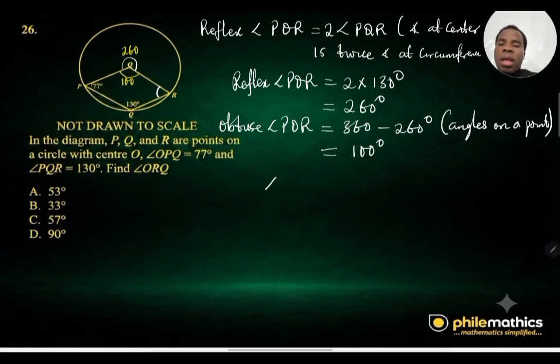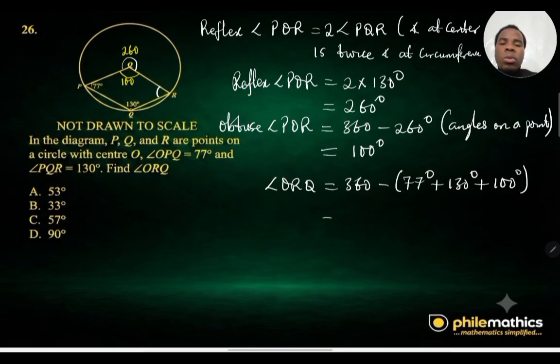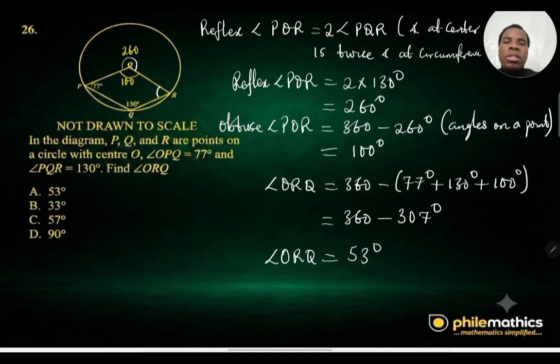So angle ORQ will be 360 minus 77 degrees plus 130 degrees plus 100 degrees, which is 360 minus 307 degrees. Means angle ORQ we are asked to look for is 53 degrees, and that is A.